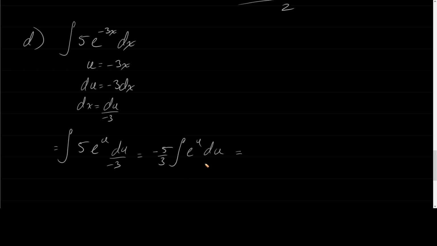The integral of e to the u is just e to the u, so I have negative 5/3 e to the u plus c. But we know the problem is not about u. Never leave it in terms of u. So negative 5/3 times e to the negative 3x plus c. That would be our integral there.